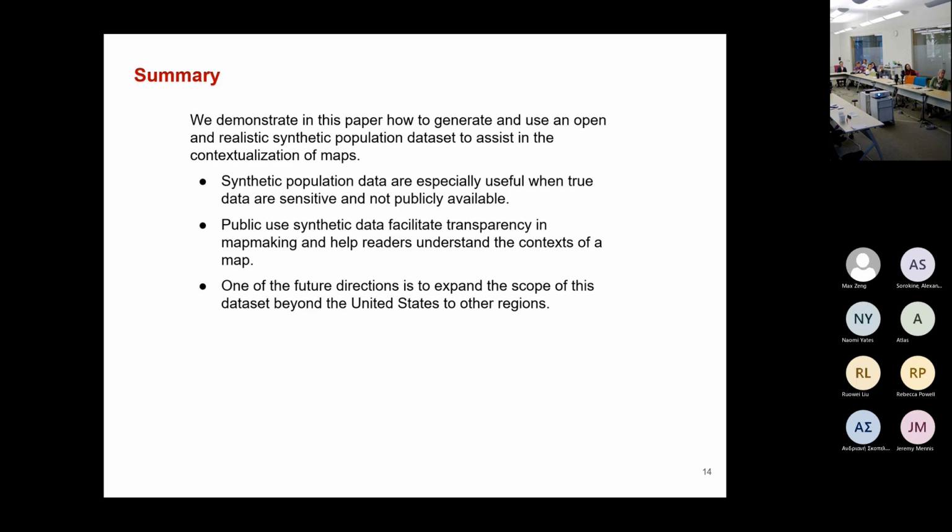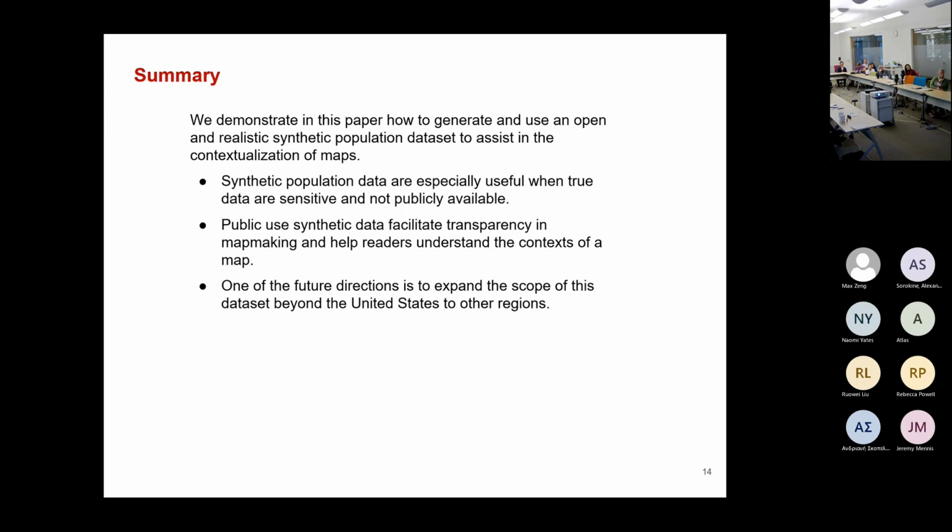So a problem to consider here is how can we publish as many census tables as possible while also maximizing the error between the synthetic data that could be created and the actual census microdata. So that will be a research direction that can be extended from this research.